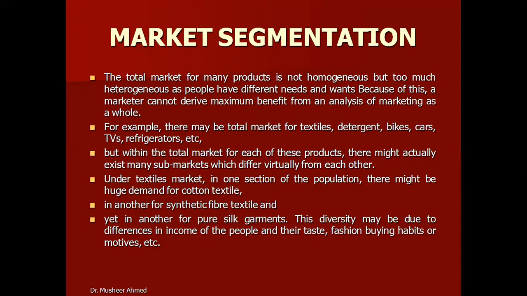There exist sub markets within the markets, as we have seen in the textile market. There may be one market needing only cotton clothes, one needing synthetic fiber clothes, and one in which silk clothes are more demanded. It depends upon the purchasing pattern, taste, fashion, and economic income level of the consumer, right?